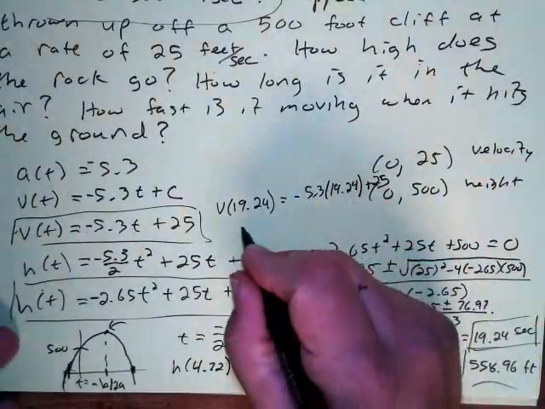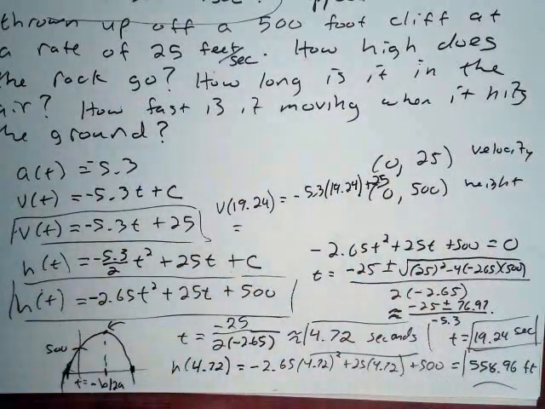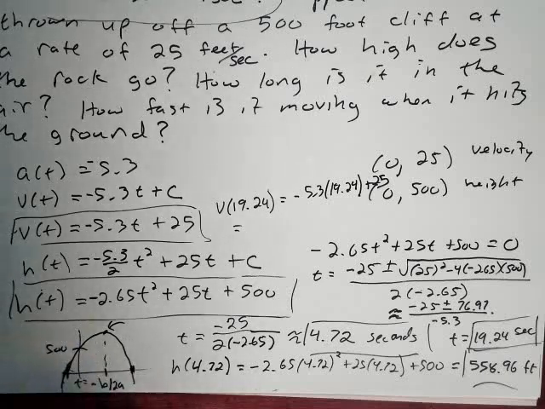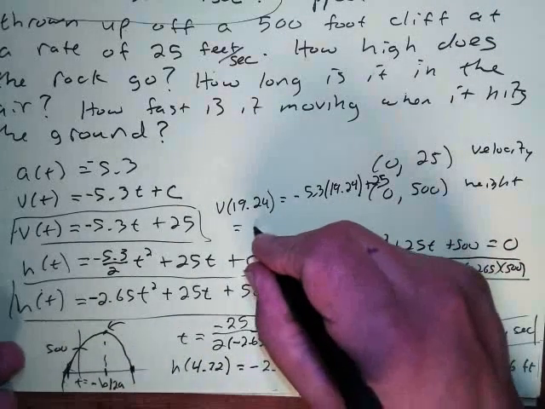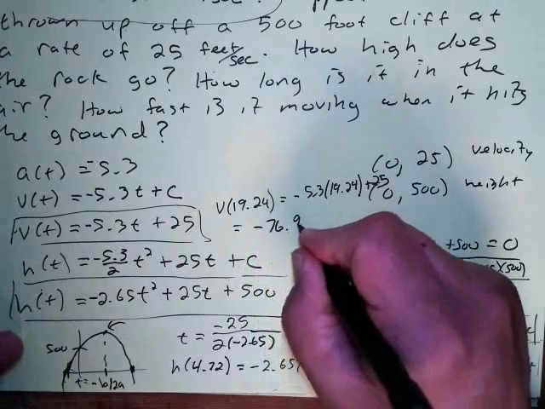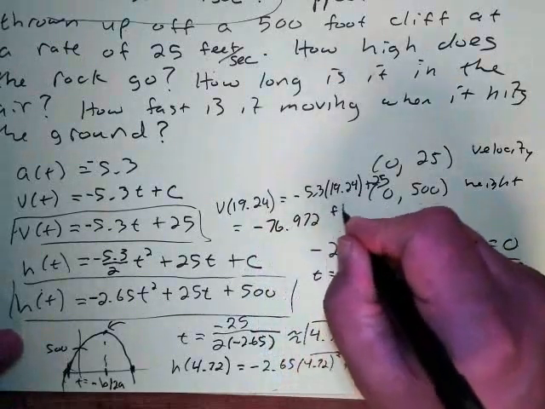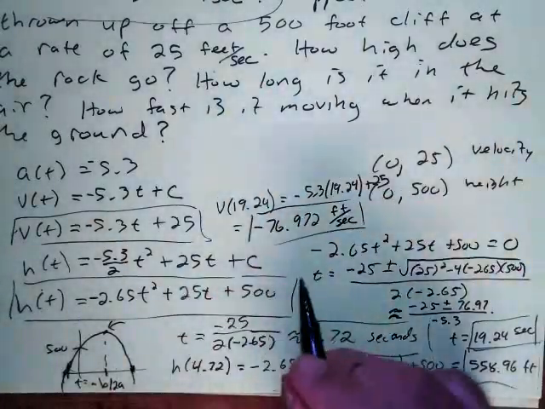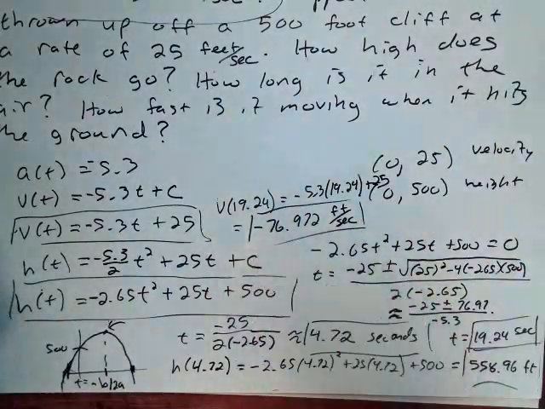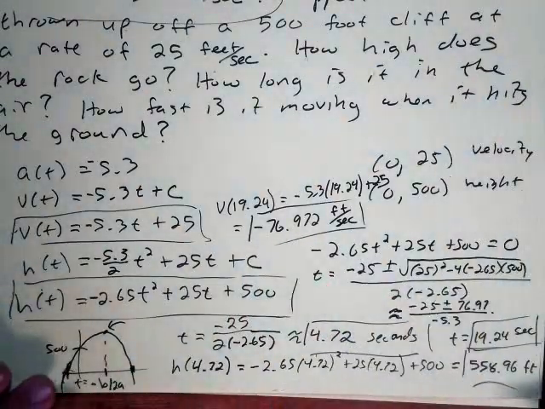Sorry about that, but you know what I'm doing. So what do I get? Negative 5.3 times 19.24 plus 25, and I get a negative 76.972 feet per second. Negative because it's going down, and this is the speed at which it hits the ground.